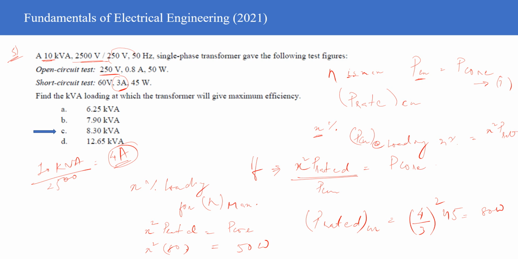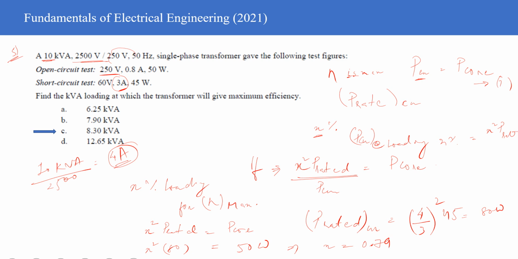So you can write that X is equal to 0.79. All right. So in terms of percentage, it will be equal to like 79%, or you can write it as kVA, since it has been asked to figure out the kVA rating.